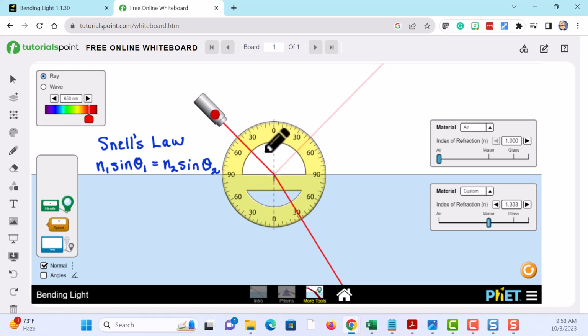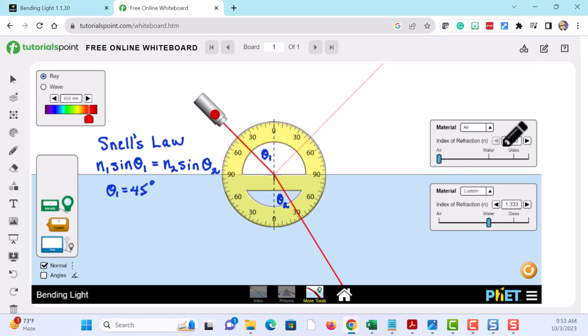Theta 1 is our angle of incidence, which is approximately 45 degrees. Our angle of refraction, theta 2, appears to be approximately 32 degrees, a little bit more than 30 degrees. But we want to use Snell's law to calculate that.